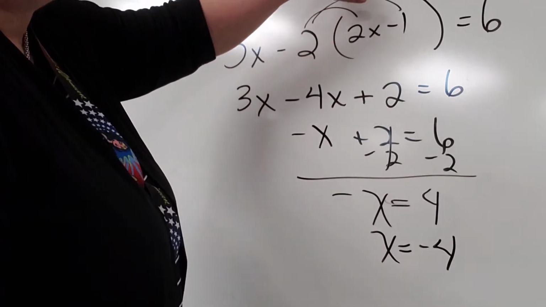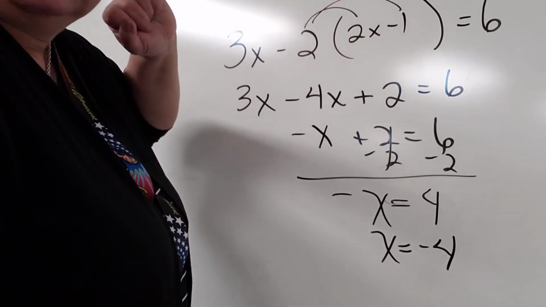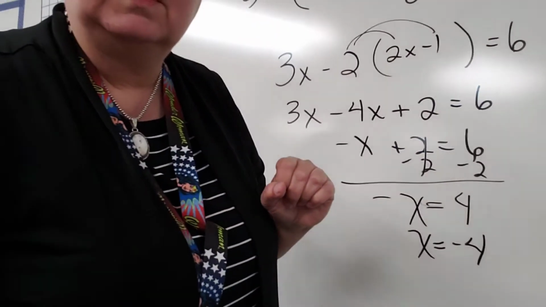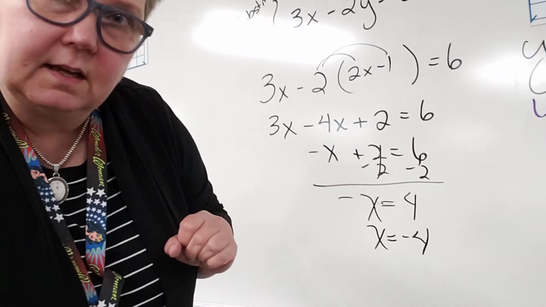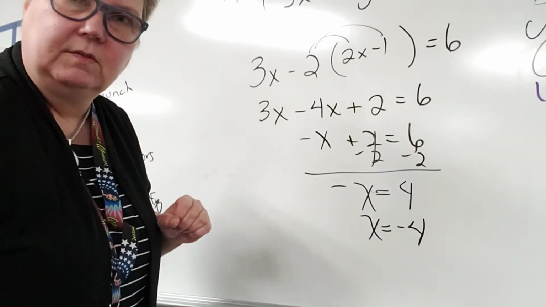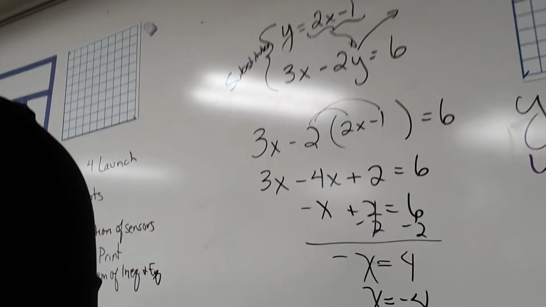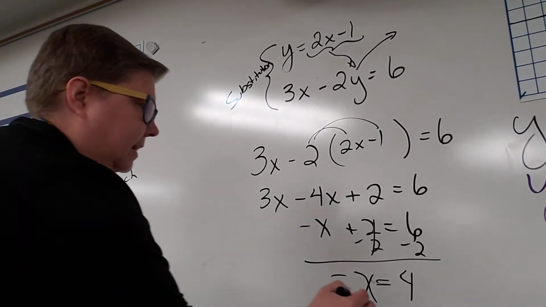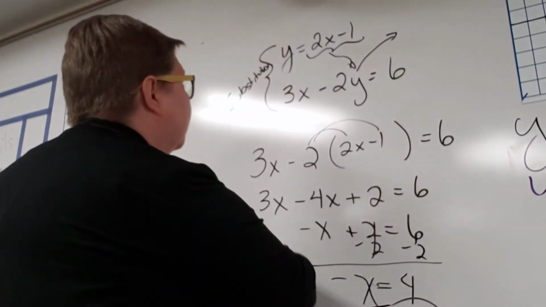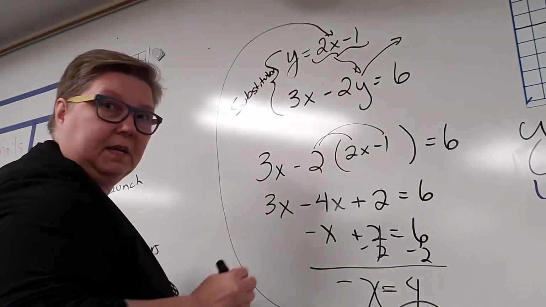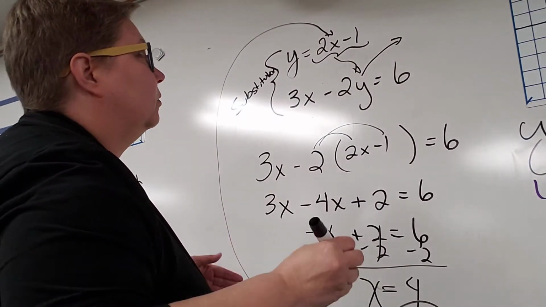but there's an x and a y in the problem. So what we need to do is take this table and move it out of the way. So what we need to do is take that x equals negative 4 and put it all the way back up in the beginning and compute what y is.